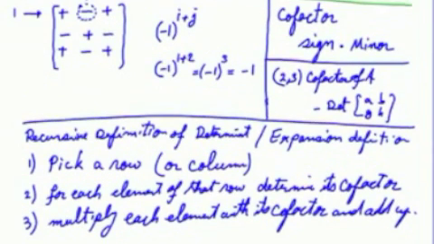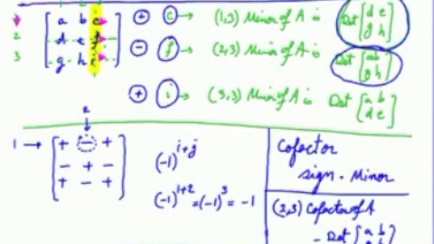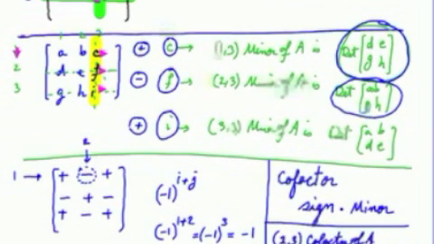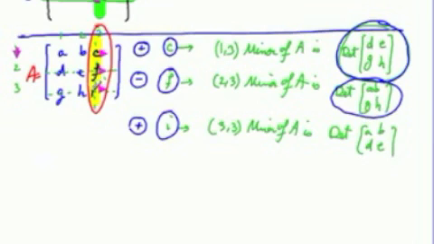So maybe I can, let me see. Did you get that? If we go back up, let's see if we can write everything here. So if this is my matrix A, and I choose the third column to expand on, then I can say the determinant of A is equal to, now you help me out to write this out.